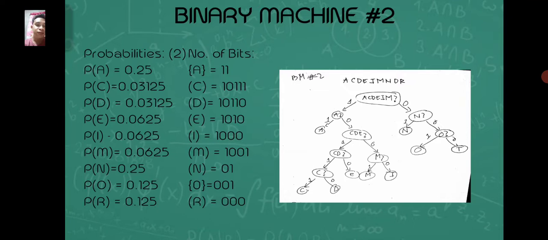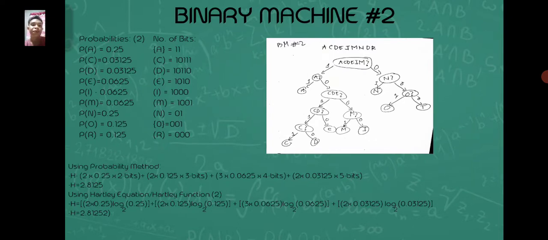The bits of I are 1000, and the probability is 0.0625. The bits of M are 1001, and the probability is 0.0625. The bits of N are 01, and the probability is 0.25. The bits of letter O are 001, and the probability is 0.125. And the bits of R are 000, and the probability is 0.125.